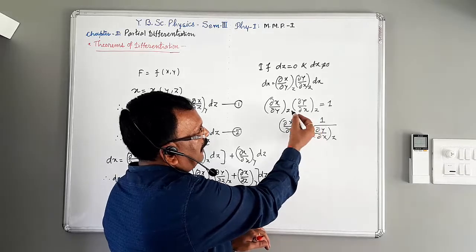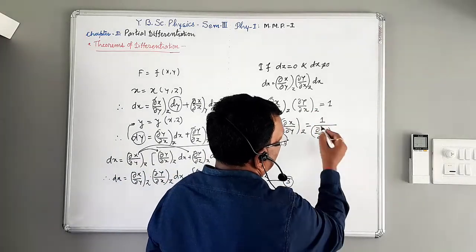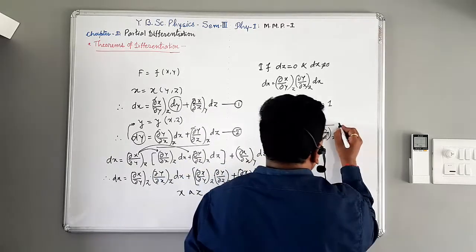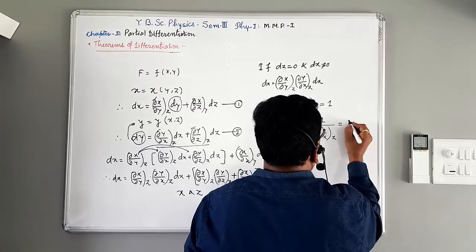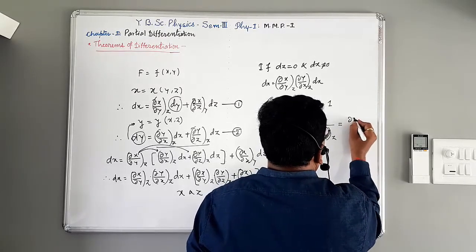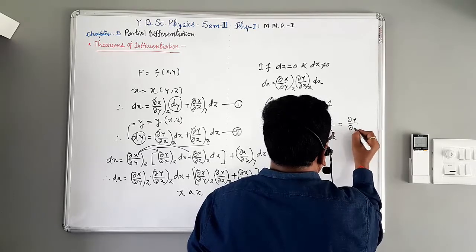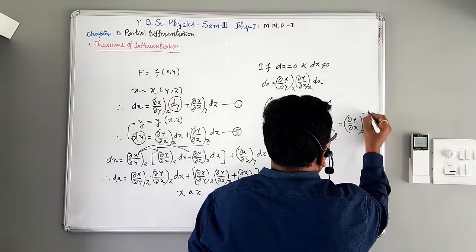Here this term is multiplied to this term, and when it goes to the RHS, it is divided into 1. Or this may be written like this: delta y upon delta x at constant z raised to minus 1.